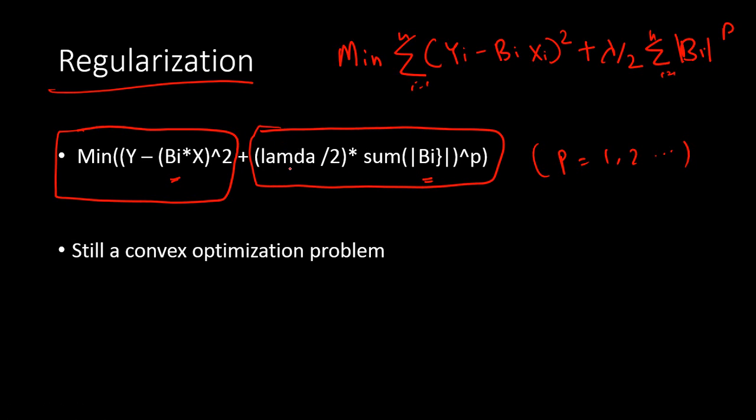I'll just pronounce it for you, and then I'll of course explain. This is lambda by 2 multiplied by the sum of the modulus of betas. Betas are the weights or the parameters, and this is raised to the power p, where p can be 1 or 2. Sometimes it would be 1, sometimes 2, and many times it could also be more than that.